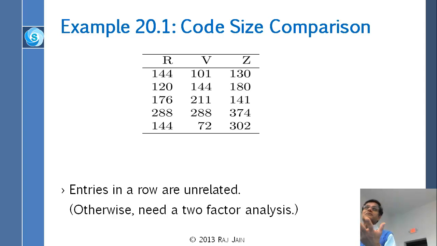Here we have 3 columns. So the processors have 3 levels, and they are not paired, so there is only 1 factor here. If they were paired, it would be a 2-factor design, which will be the next chapter. Right now there is only 1 factor that you are varying, R, V and G, and this is like a replication: you just take the same workload and run it again, and so on.